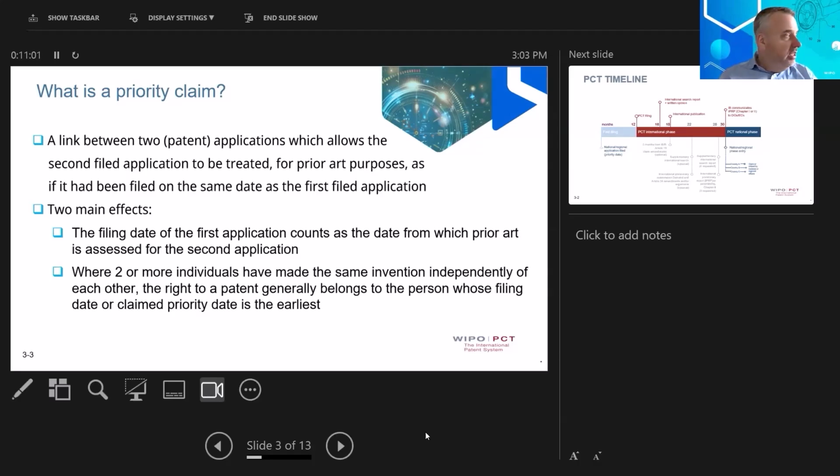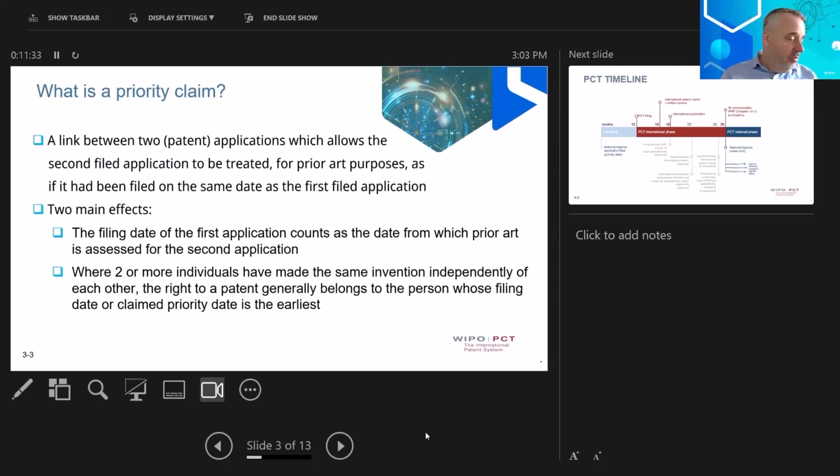Now, prior art is the stock of documents and information that a patent examiner needs to go through in order to determine whether your claimed invention in your application, be that a national or a PCT application, can be considered novel, inventive, and industrially applicable. Now, the terminology under national law varies a little bit on that, but most examiners would at least look at the question of novelty and inventiveness.